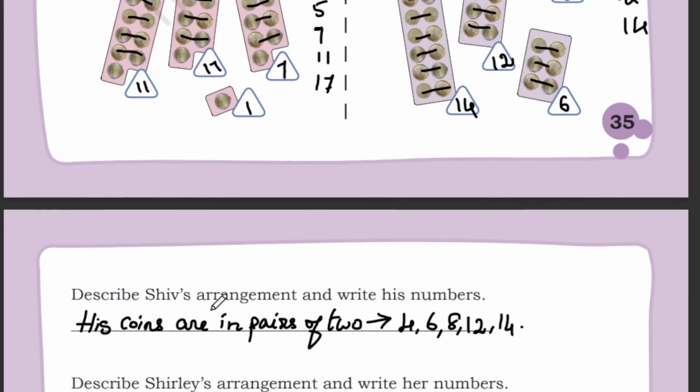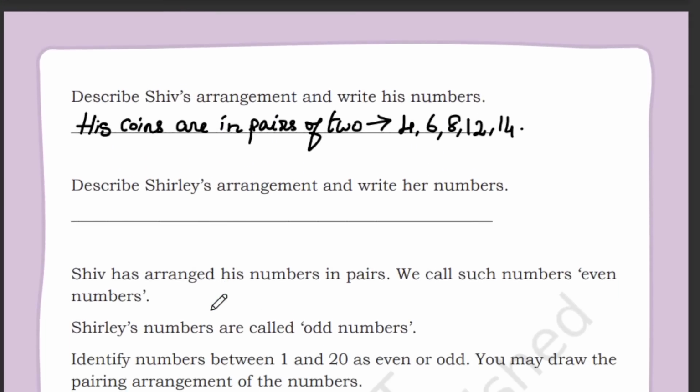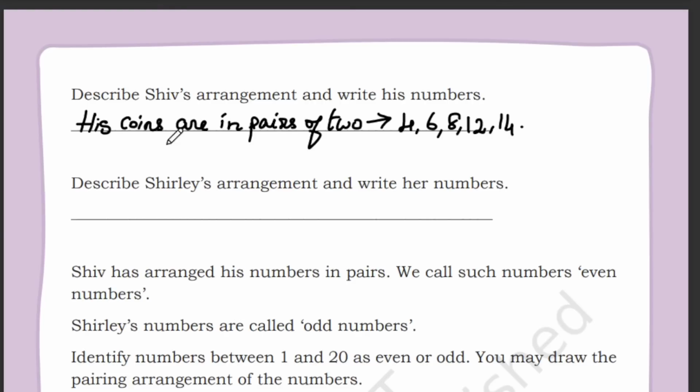So you can write she arranged coins in pairs, leaving one coin.